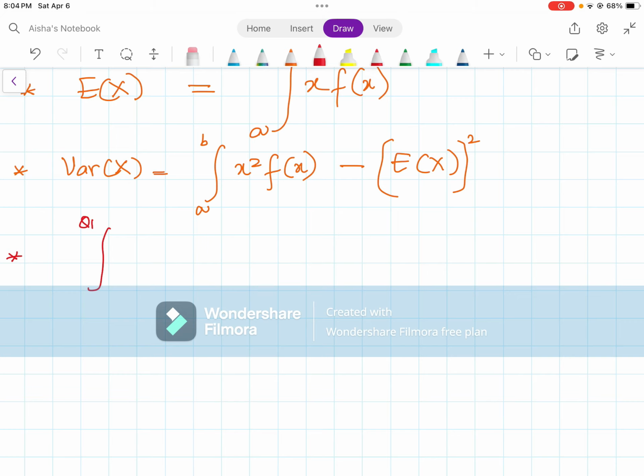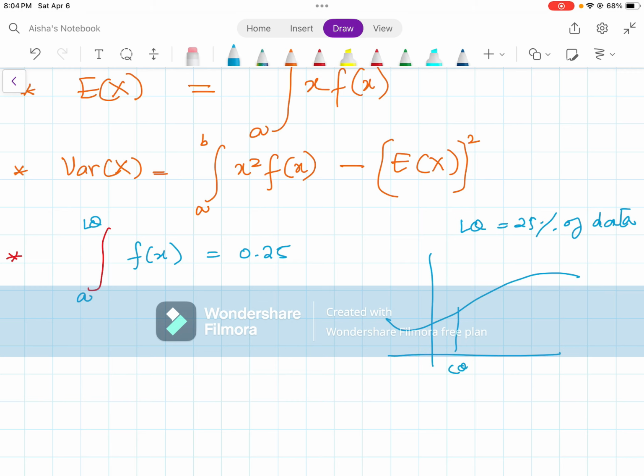Quartile 1, which is also called the lower quartile. Now you know the initial limit, f of x, the area will be 0.25, because lower quartile is 25% of data. That means if this is my graph, this is my lower quartile, my median, my upper quartile. So remember that this area is 0.25, this combined area will be 0.5, and this combined area will be 0.75. Okay, so this is the concept.